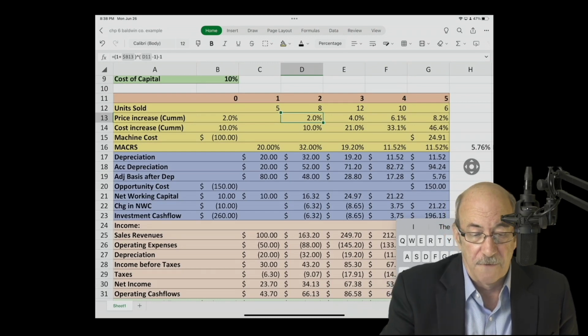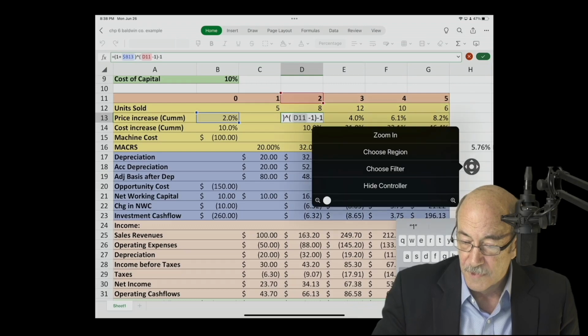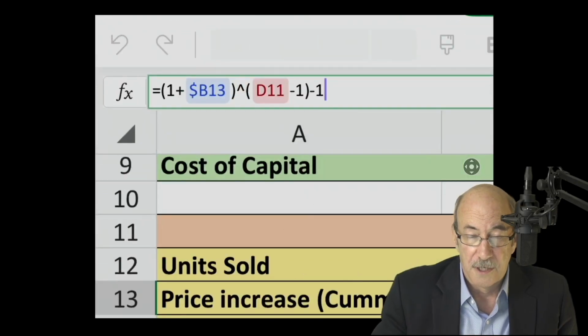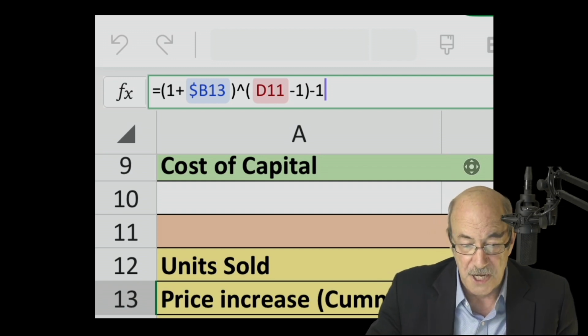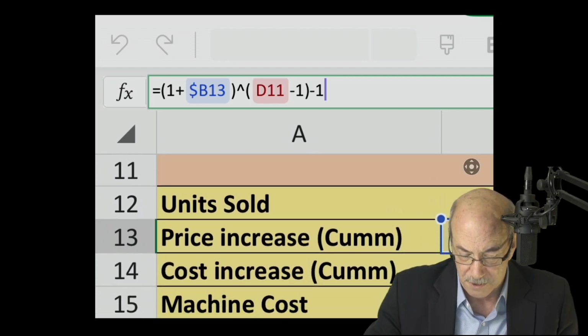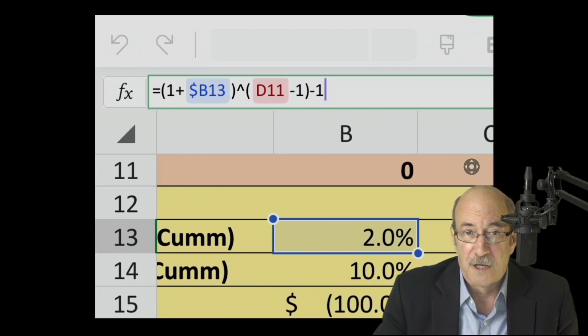But notice the way I've coded this. Let me zoom in a little bit here. Here's the formula that I used. So I took B1 plus B13. B13 is this 2% annual price increase.